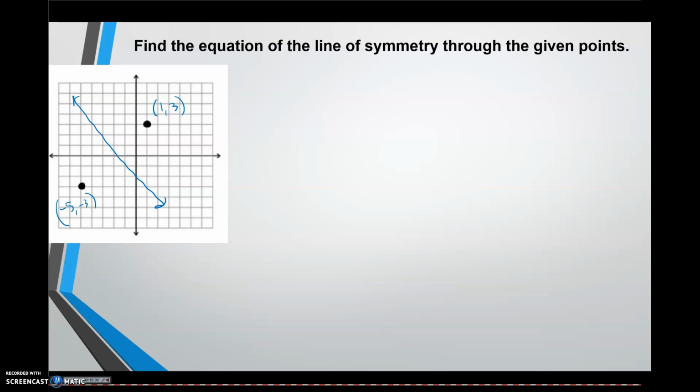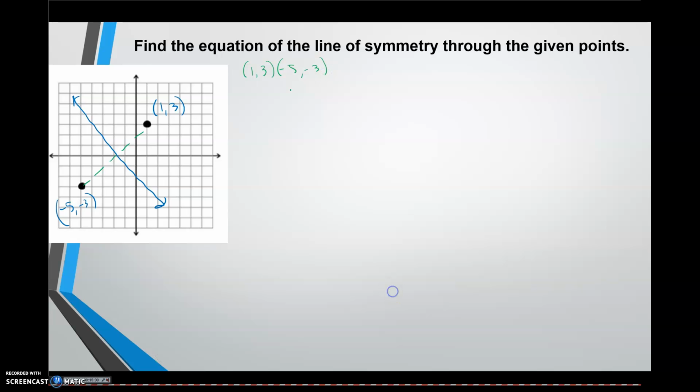Okay. First thing I have to know is what is the slope that I want to use. So my slope is going to be perpendicular to the slope that's given between these 2 points here. So first, let me find the slope of those 2 points. So my points are (1, 3) and (-5, -3).